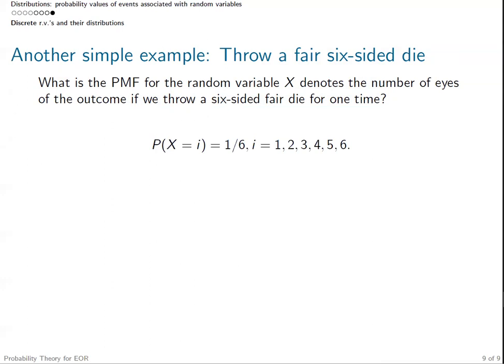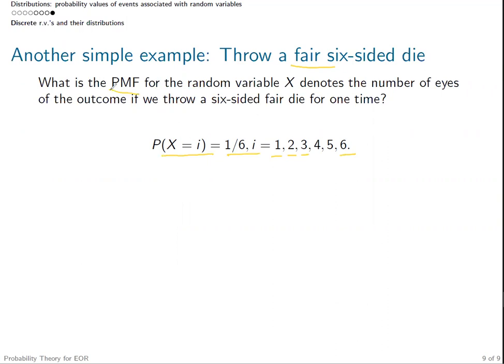X only takes six possible different values. Either 1, or 2 or 3, until 6. And because it's a fair die, the outcomes are equally likely, and the probability of this certain event, X equal to i, is 1/6.